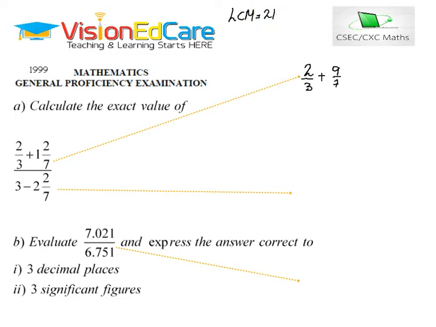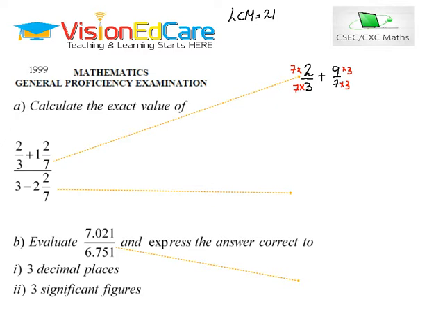So we need to make the denominator 21. So if we times this 3 by 7, we get 21, but we need to times the numerator by 7 as well. We need to make this 21, so we need to times it by 3, and we also need to times the numerator by 3 as well.